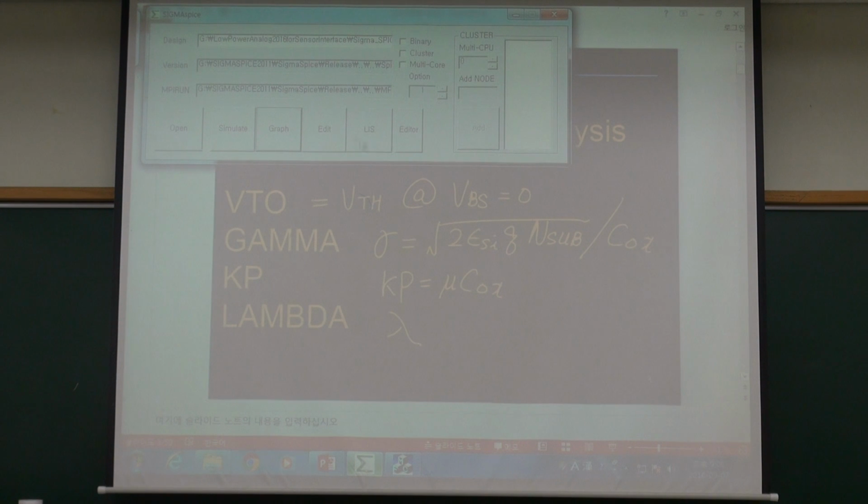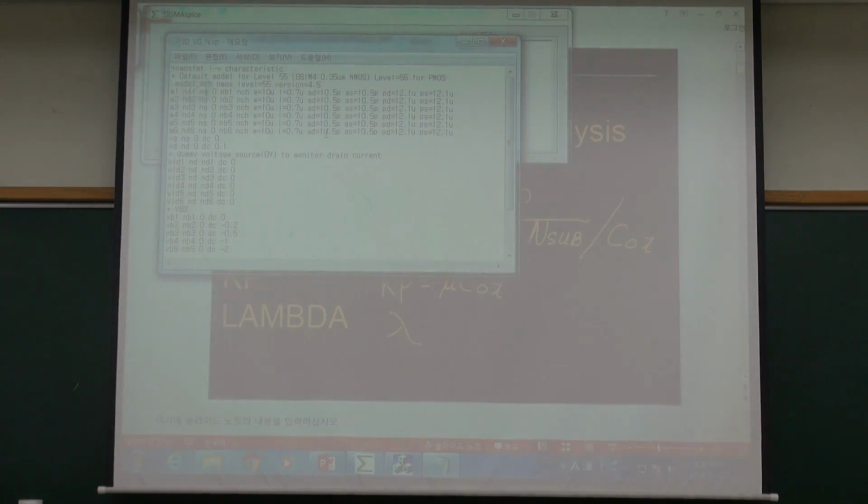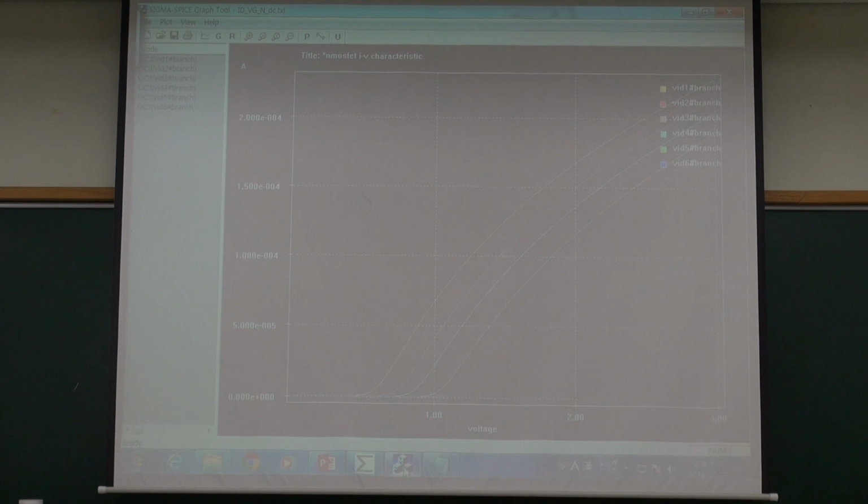Where is my? Yeah, 0.1 volt. Okay, my drain voltage is 0.1 volt, right? That's the drain source voltage. Then my back bias is 0, -1, -2, something like that. Okay. Then how can I calculate the threshold voltage?